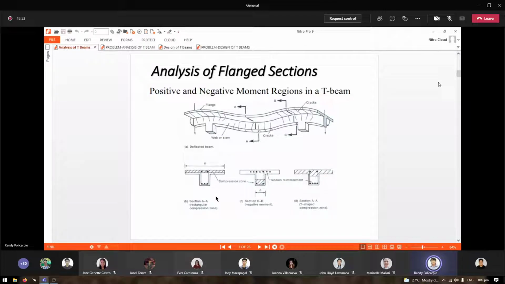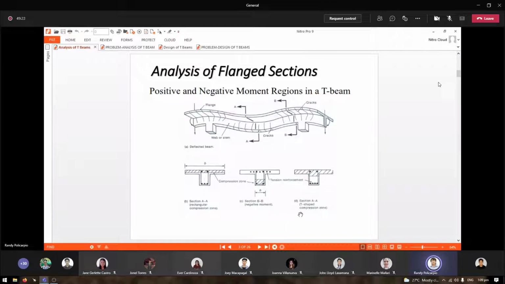The way we treat a rectangular beam, the compressive force will be computed only kung asan yung depth ng compression block. Ang pinagkaiba lang ngayon sa rectangular, yung pinaka-B natin, pinaka-width natin, we're going to use the width of the flange.